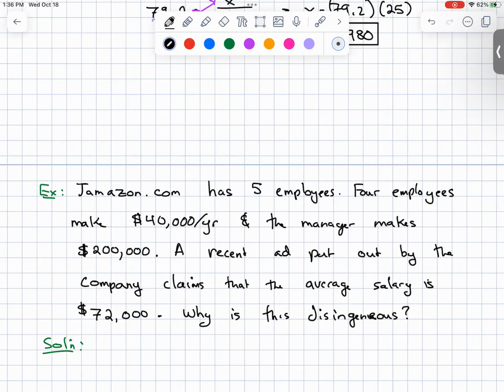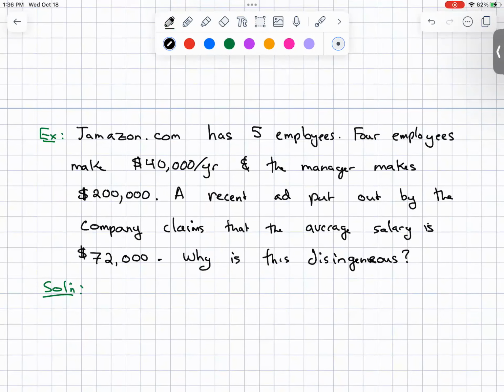4 employees make $40,000 a year, and the manager makes 200,000. So the reason why I would say this is they're using the mean as the average. Not the median, not the mode. Either one of them would be 40,000, which is far more representative of what the average employee there makes.